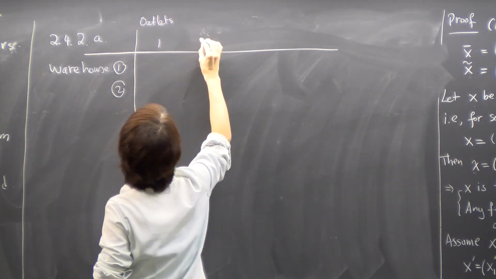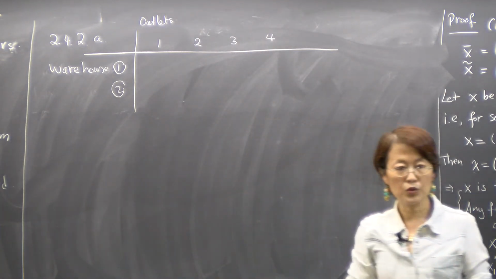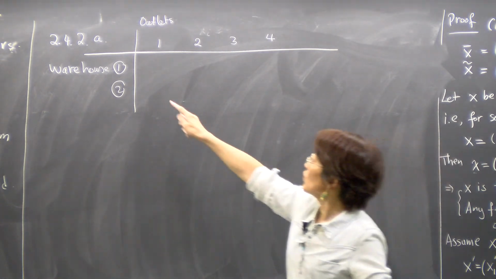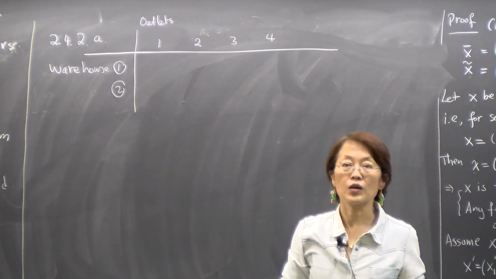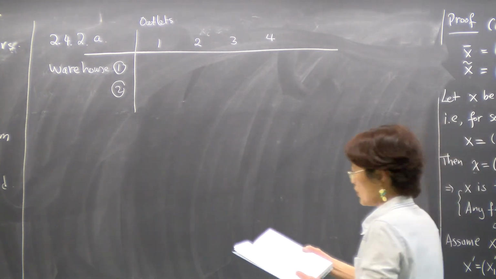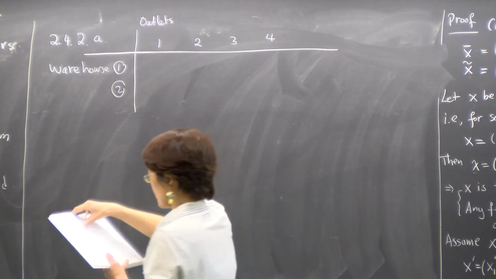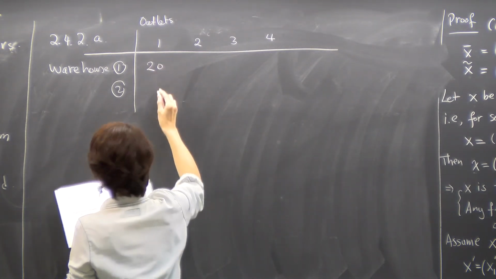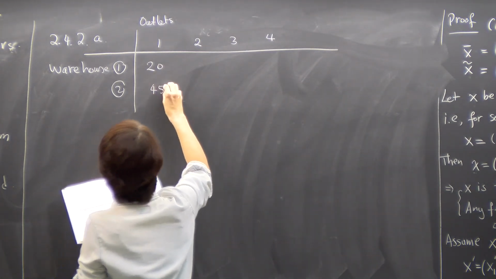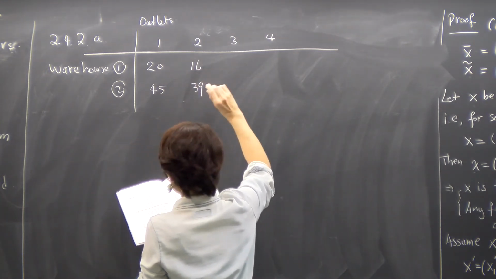I label them 1, 2, 3, 4, where you want to ship your goods from the warehouse, distribute them to the outlet where you can sell, right? And what I put here is the shipping cost, the unit price. So 20, 45, 16. These are numbers, you know.